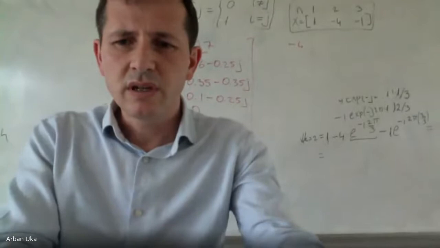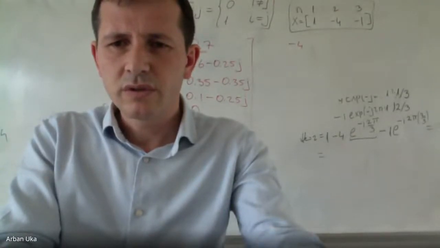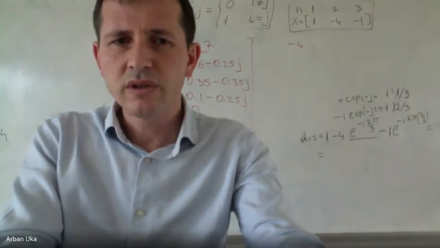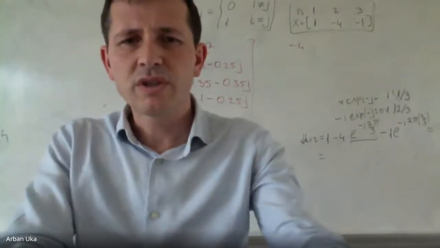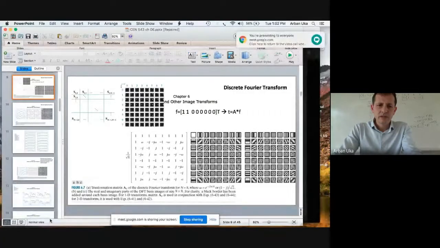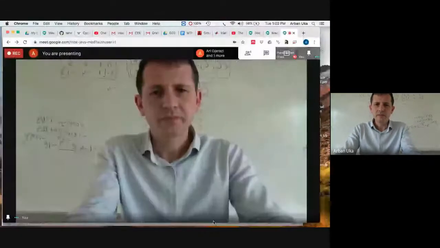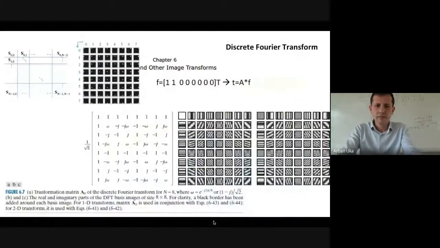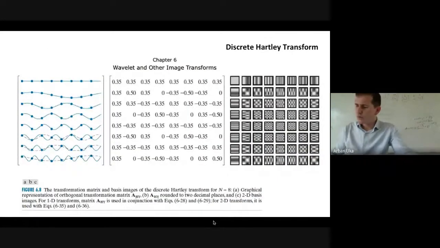Now, let me present a couple more slides. So this was the discrete Fourier transform. We saw this example on the board, and this is another transform, which is called the discrete Hartley transform.